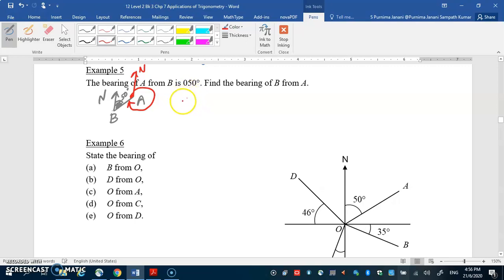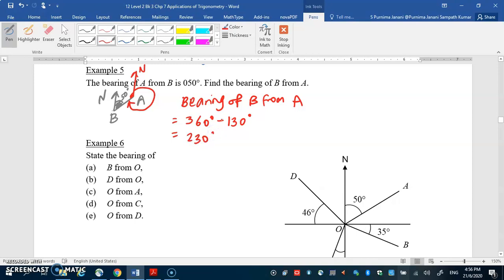So the bearing of B from A equals 360 minus 130, which will be 230 degrees.